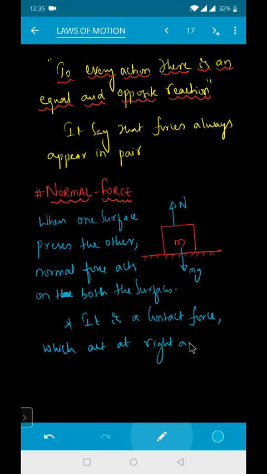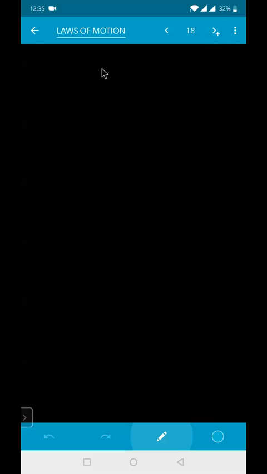Which acts at what, beta? Right angles to the surface in contact. Normal force is always perpendicular to the surface in contact. I can write one more point here.